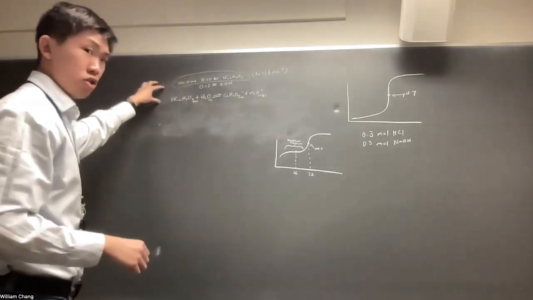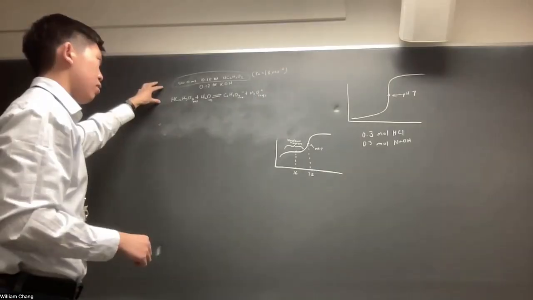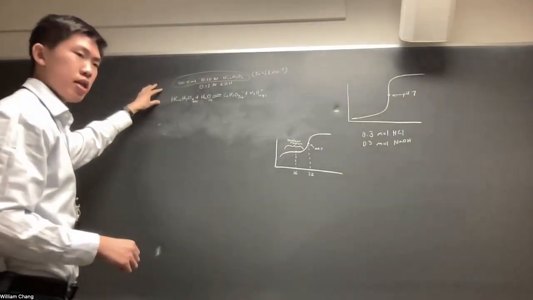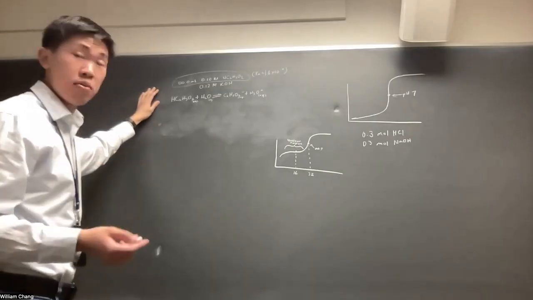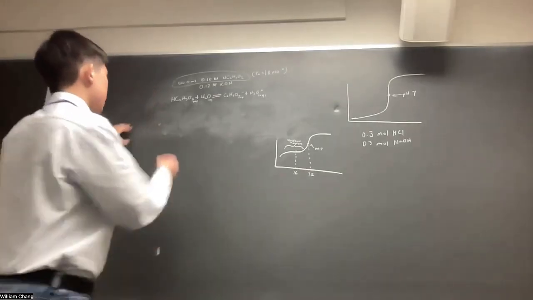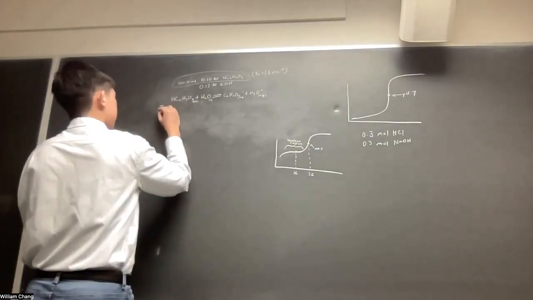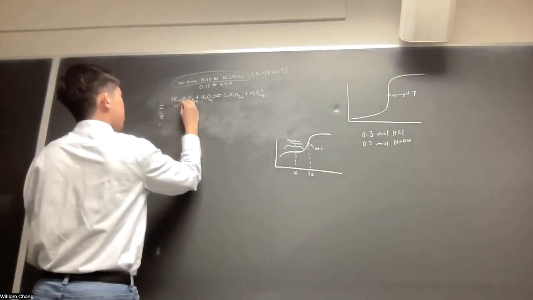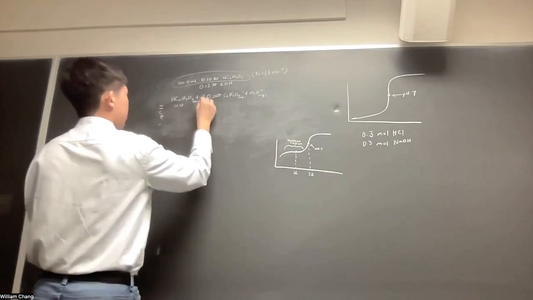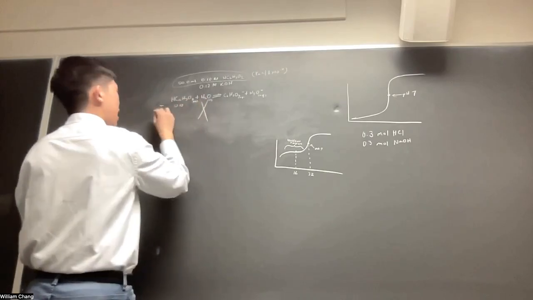You are given an initial concentration, and you want to find the pH, meaning that your most likely approach is going to be an equilibrium table or an ICE table. So let's set that up. Your starting concentration is 0.10 molar, and we ignore water. Why?